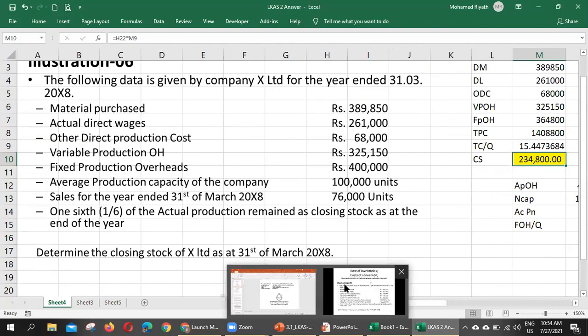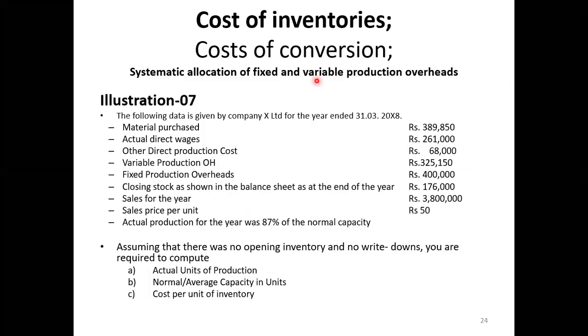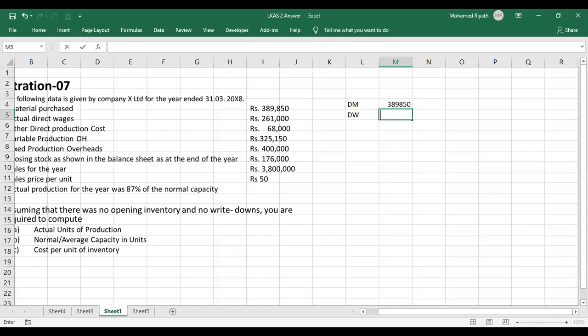Right. Now we move to the second slide. Illustration 7. I hope you can do it. I give you 261,000 as direct production overhead.